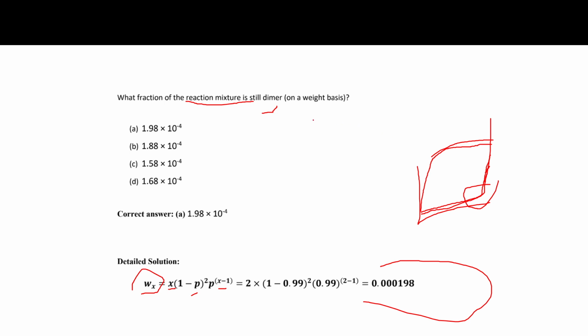That suggests that up to 80% or 90% conversion, some dimer and trimer are present in the polymer solution. So how can we calculate this dimer or trimer concentration during polymerization? We can easily calculate this type of problem.